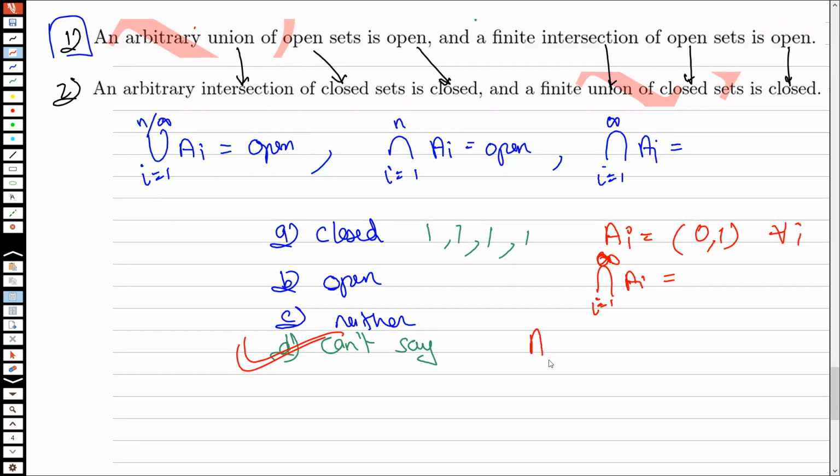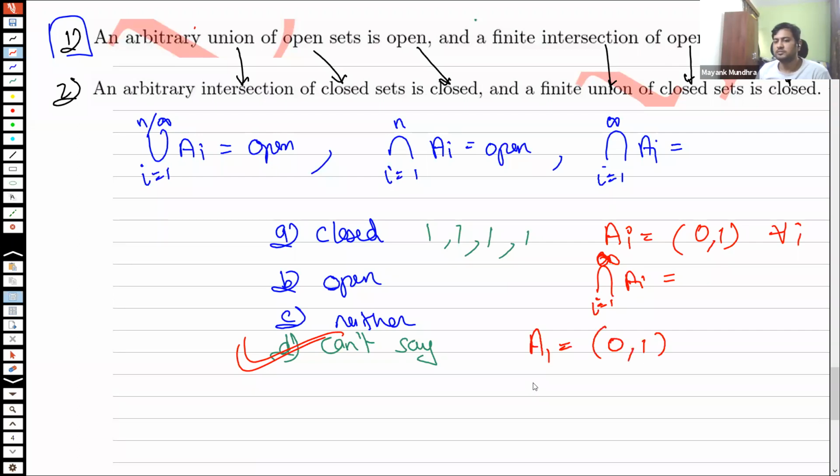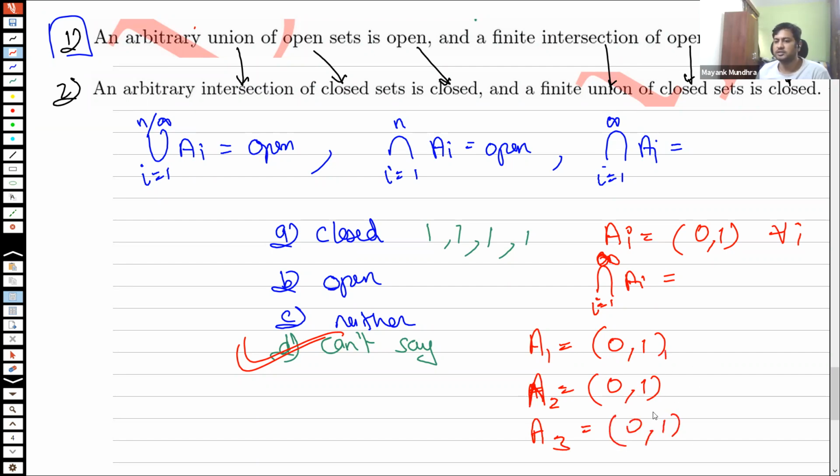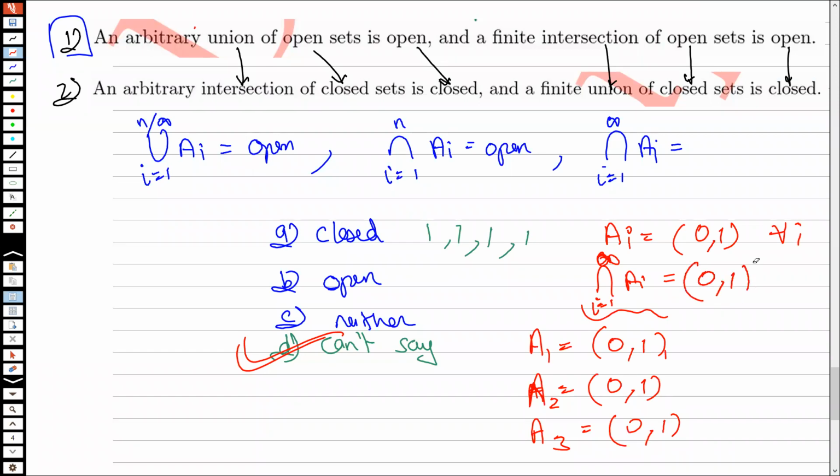Okay, I'm saying A1 is open 0 to 1. I'm saying A2 is also open 0 to 1. What is the intersection of A1 and A2? 0 to 1. Okay, then I add another set A3, 0 to 1. So what is going to be the intersection of these three sets? The set itself. So what is going to be the infinite intersection of AI? 0 to 1. Very good.